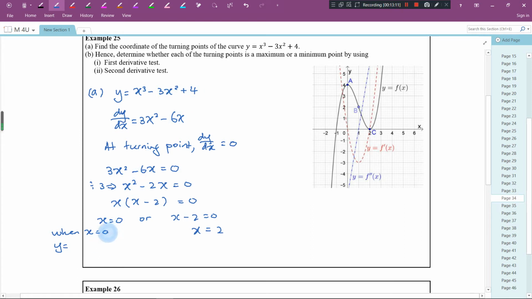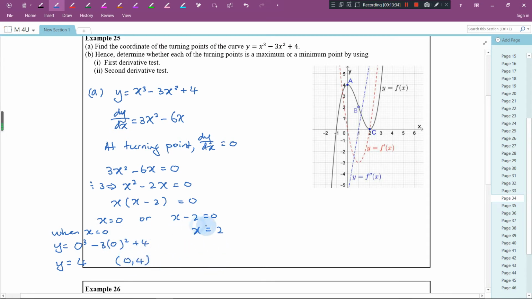We just substitute the value of x, which is x equals 0, into this function. Change all the x to 0. 0 cubed minus 3 times 0 squared plus 4. So the value of y is equal to 4. That means the coordinate of this turning point is (0, 4).